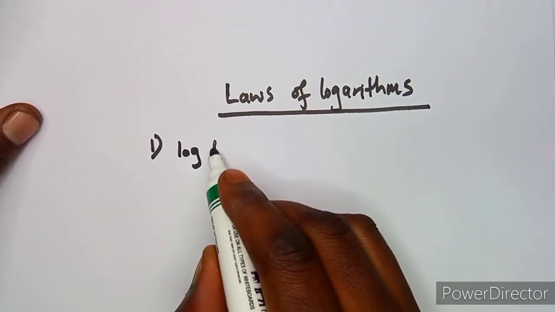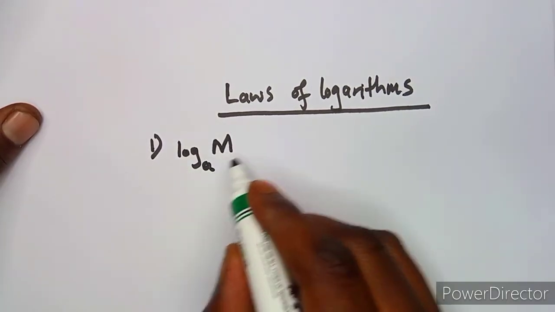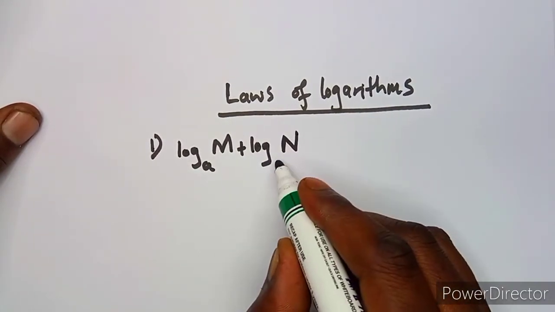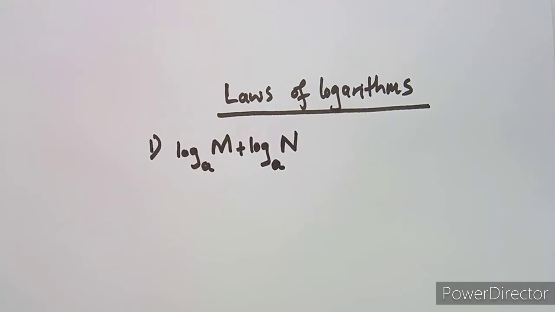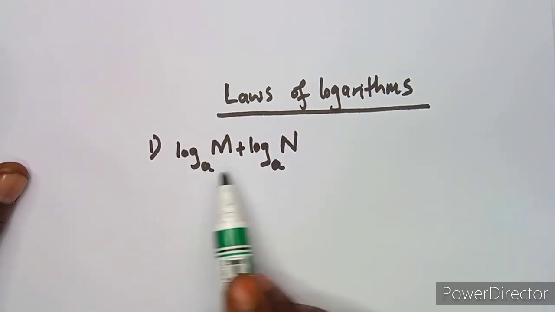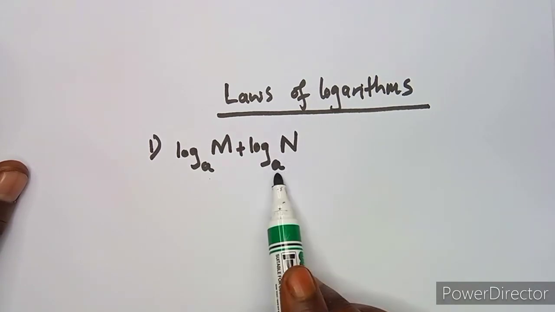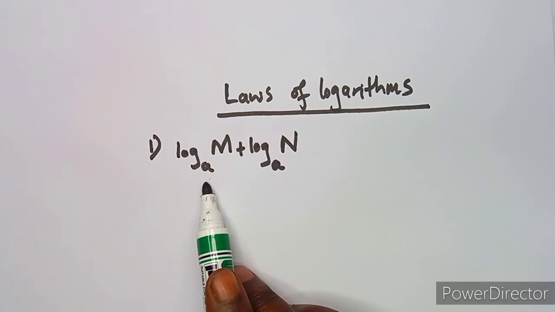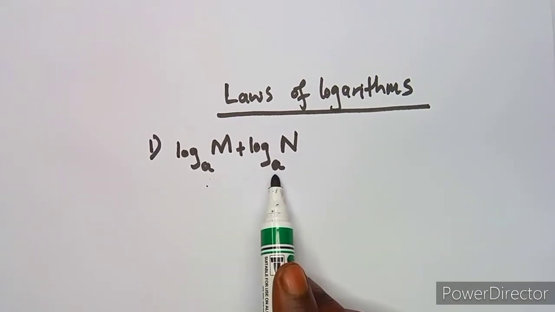Let's say you are adding logarithms, and you are given bases which are the same. In this case, I've got log m base a plus log n base a. These two are adding, and we can see that the bases are the same. This is base a and this is base a.